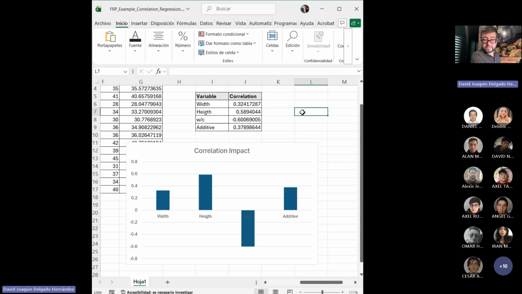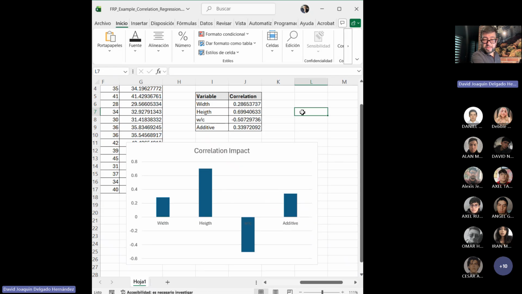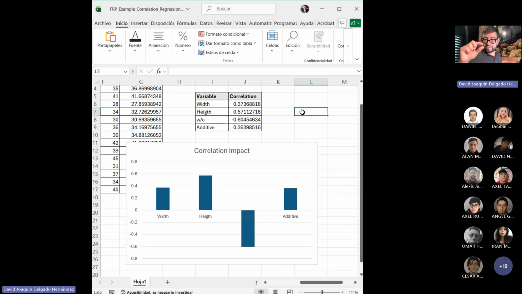So it is moving, as you can see, but the variation is not so great. There is always a positive correlation between width, height, and additive, and a negative correlation with water cement relation with the strength noise. Okay.